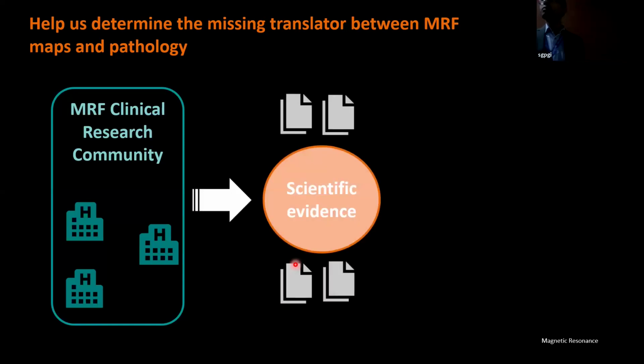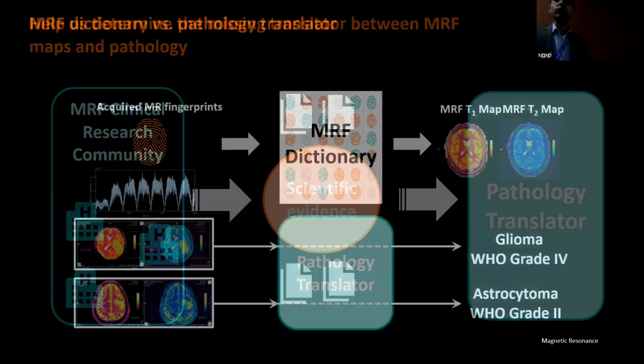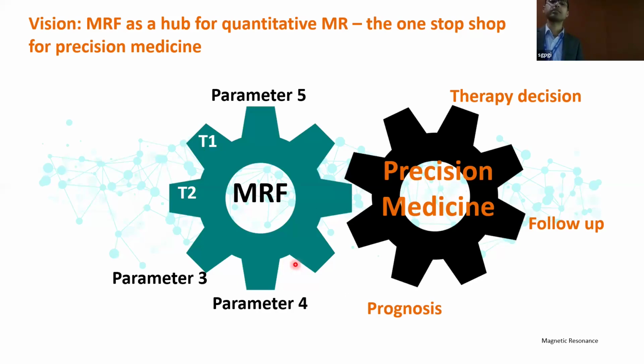These communities are generating a lot of scientific evidence, and then it is possible in future to have a pathology translator, a kind of AI-based evaluation algorithm where you can put in, rather than just T2 and T1, MRF-based different parameters and maybe some other parameters like perfusion.